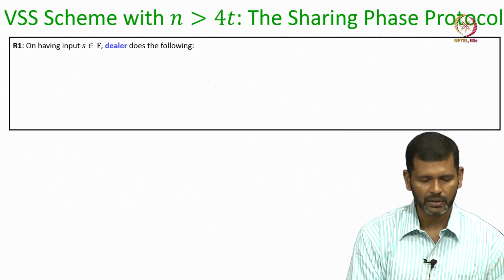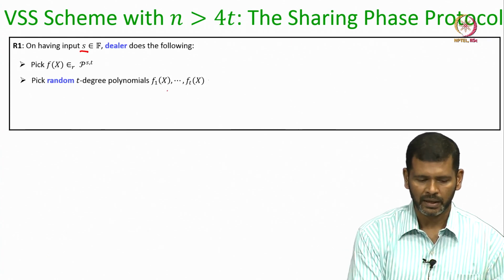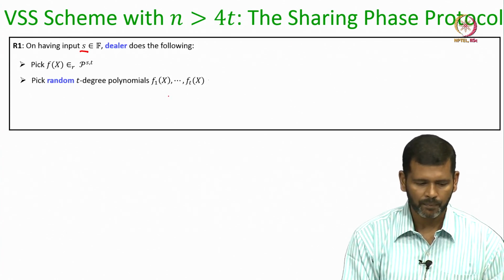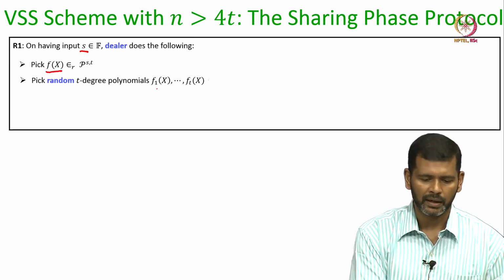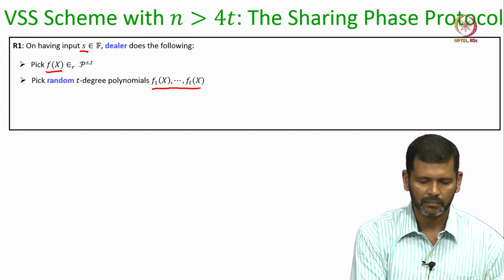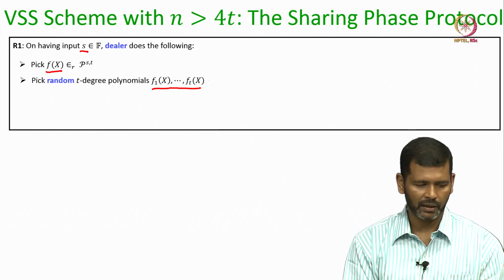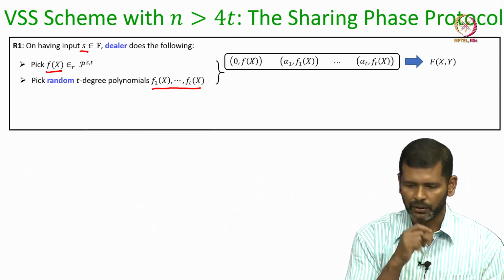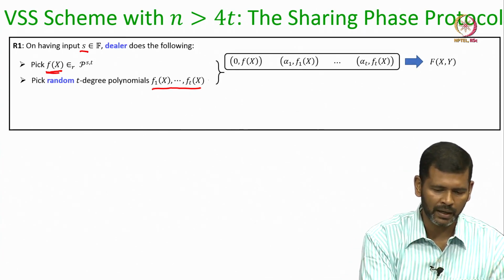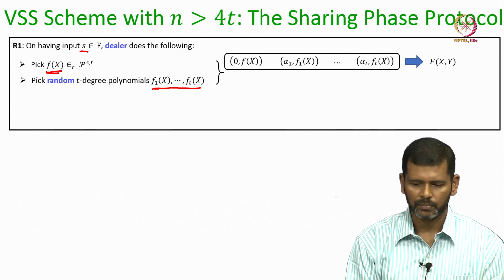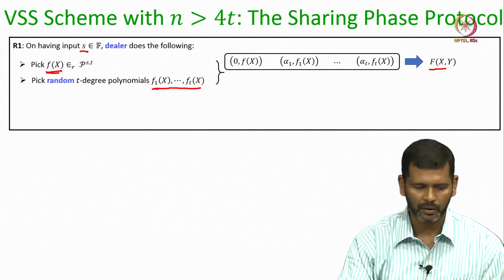So, in the first round, the dealer, on having a secret S, embeds it in a random t degree bivariate polynomial. For that, it first picks a random t degree Shamir sharing polynomial, and additionally t random univariate polynomials in x, each of degree t, and using these t plus 1 polynomials, namely the Shamir sharing polynomial and the t random univariate polynomials, it interpolates and gets a random t degree bivariate polynomial.